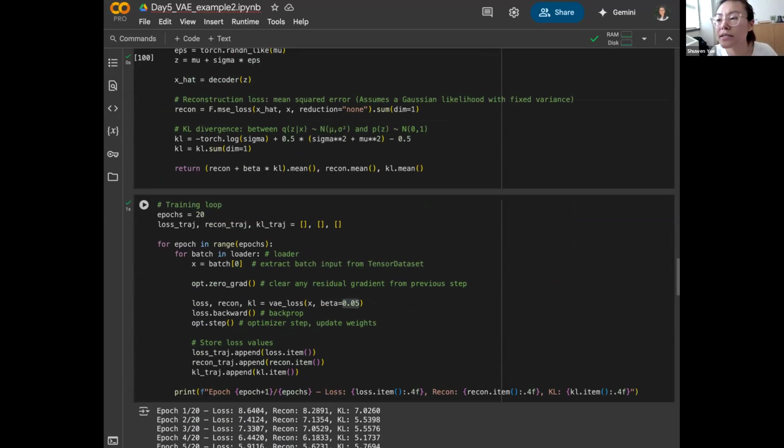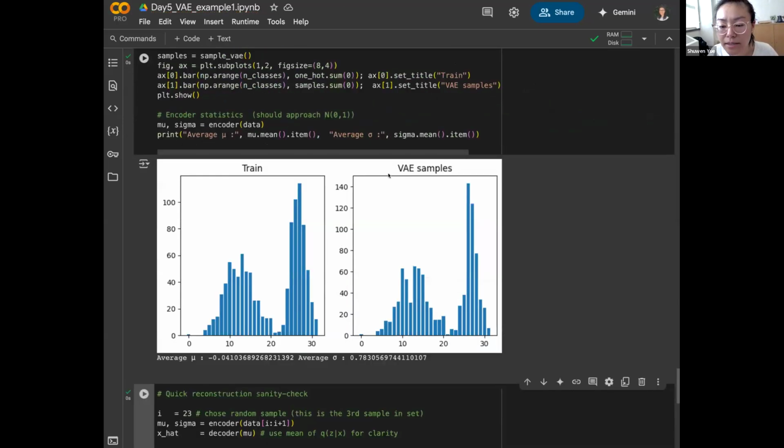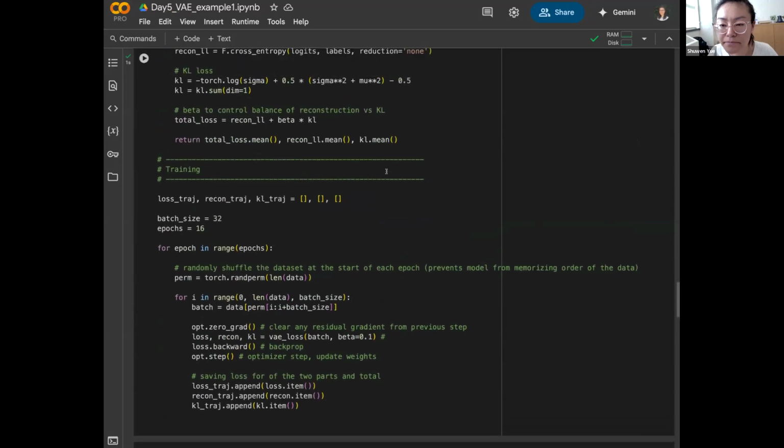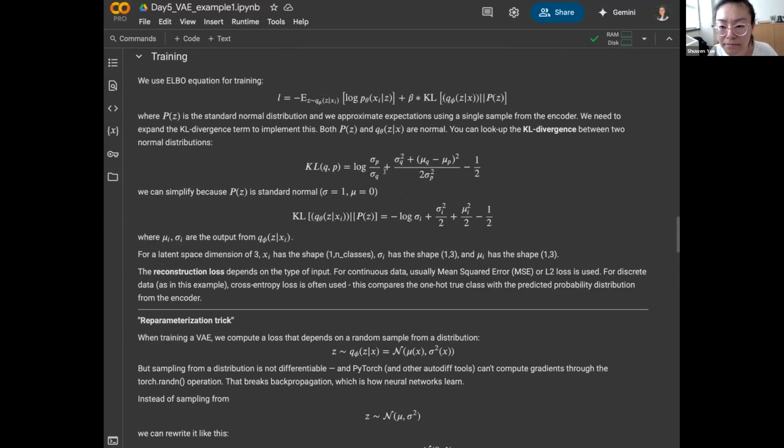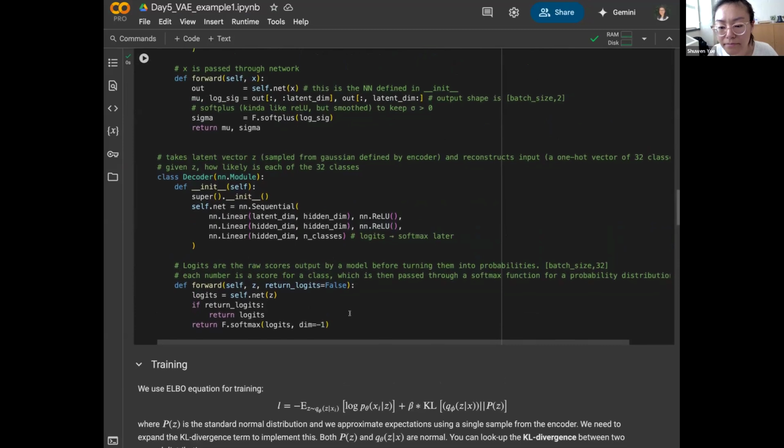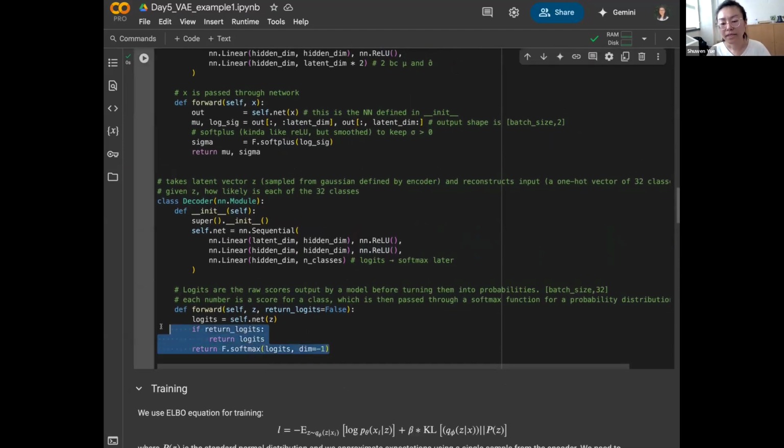The previous example, actually I have it pulled up here. You can take a look at the decoder differences here. We had to softmax this because the raw values are raw scores that are still qualitatively representative of which of those 32 classes are more likely.